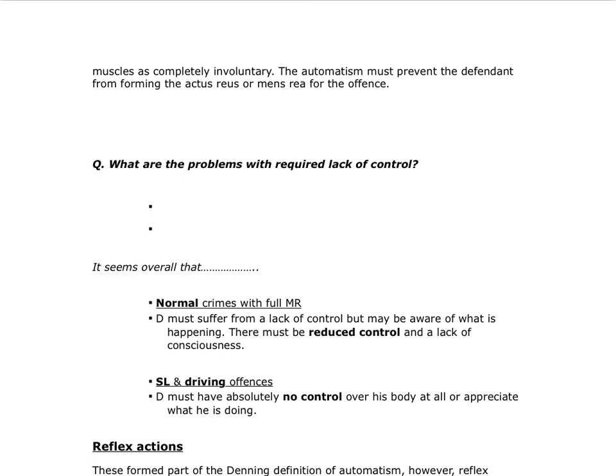First bullet point: is it complete lack or reduced? That's something the courts have questioned and struggled with. The second bullet point, the problem with control, whether you're looking for a lack or just reduced, is that it's very hard to prove this evidentially.